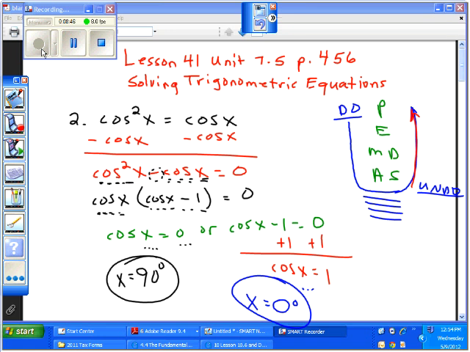Any questions on number 2? So we're really just using all of the algebraic solving methods we learned before. It just has some cosine stuff attached to it. Any questions so far? Okay.